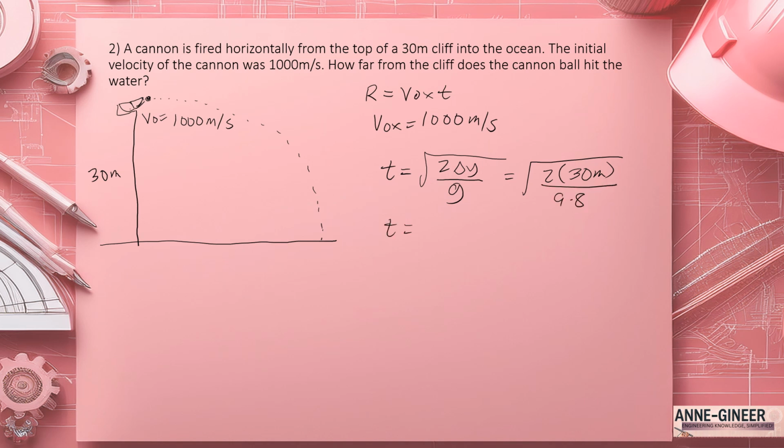So the time is the square root of 2 times 30 over 9.8, which is 2.47 seconds. So the range is 1,000 meters per second times 2.47 seconds.